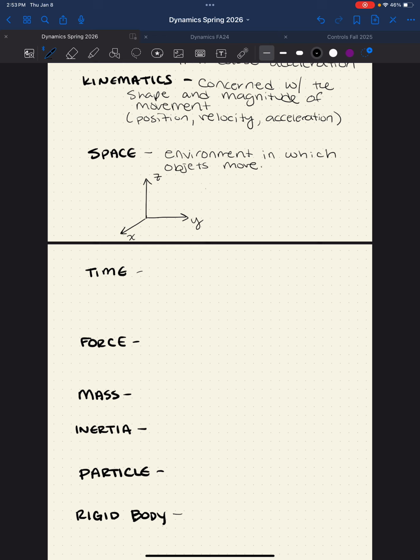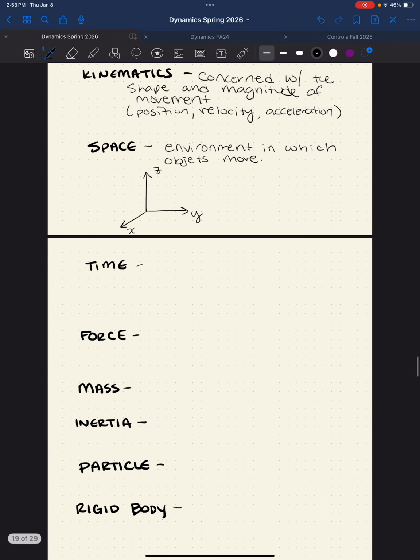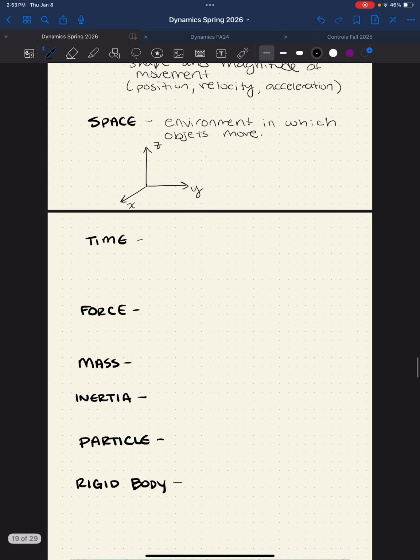Next, we talked about time, and I started talking about how in classical mechanics, time is considered to be absolute, whereas in relative mechanics, so those mechanics that have been described by Einstein's theory of relativity, time does very strange things in that domain.